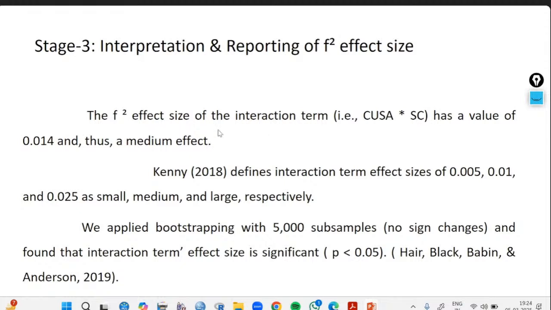Medium f square effect size of the interaction term is medium effect. तो इस तरीके से हम अपने रिजल्ट्स को रिपोर्ट करेंगे.